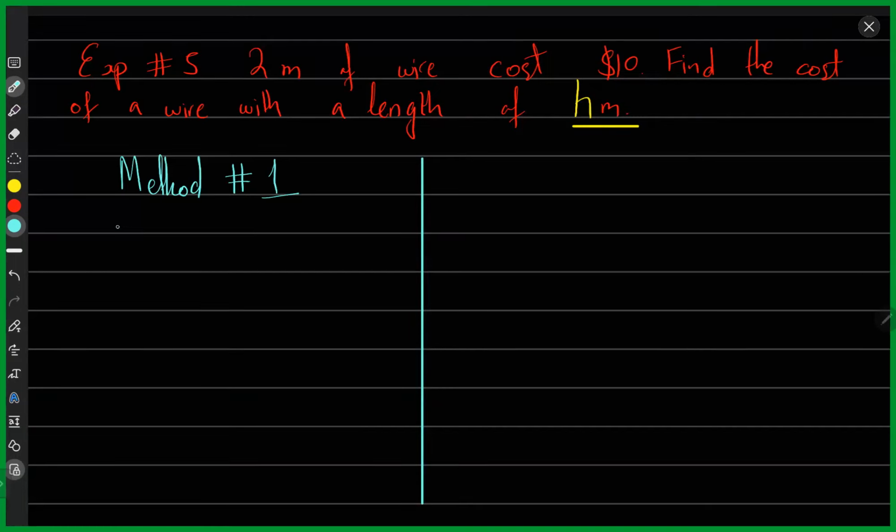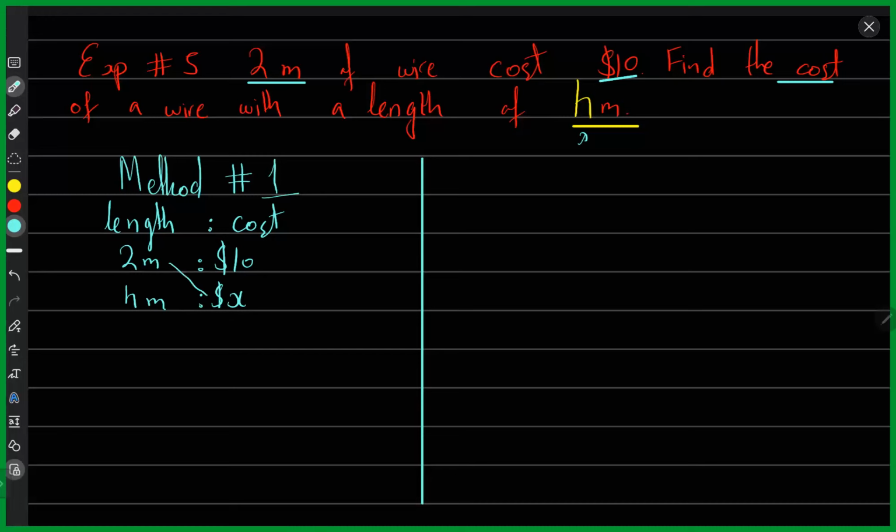What I can do is I can make a ratio of length to cost, and the standard ratio would be 2 meters and $10. So 2 meter ratio $10, and I need to find the cost for h meters. So I'll write down h here. H is the length, and I'll write down x for the cost.